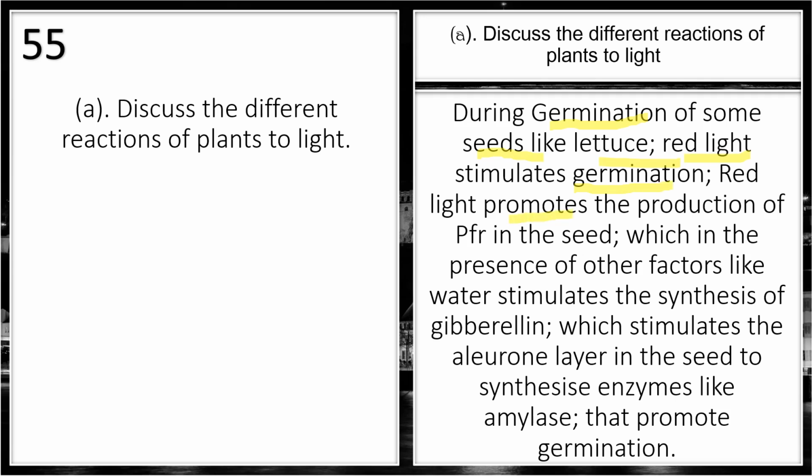Red light promotes the production of phytochrome far red in the seeds, which in the presence of other factors like water stimulate the synthesis of gibberellin, which stimulates the aleurone layer in the seeds to synthesize enzymes like amylase that promote germination.